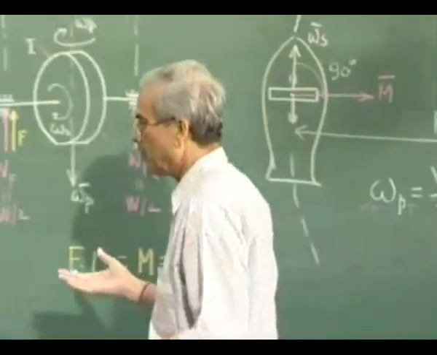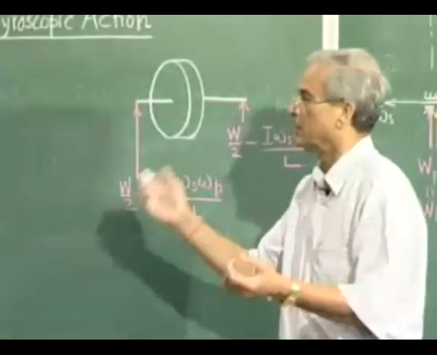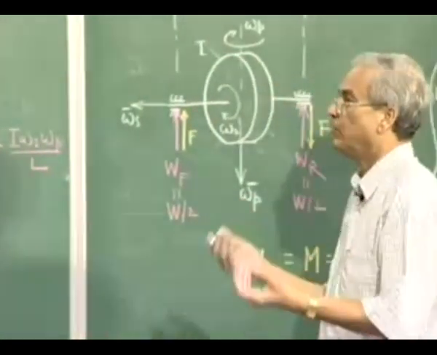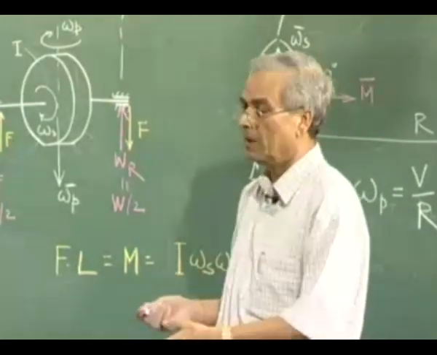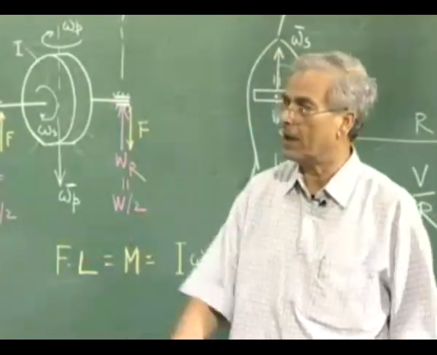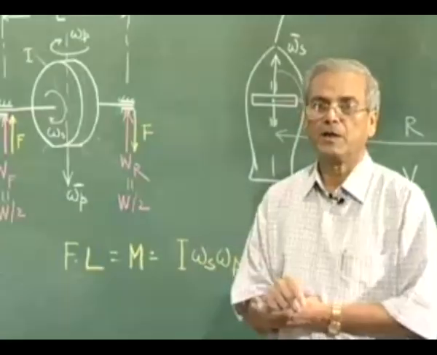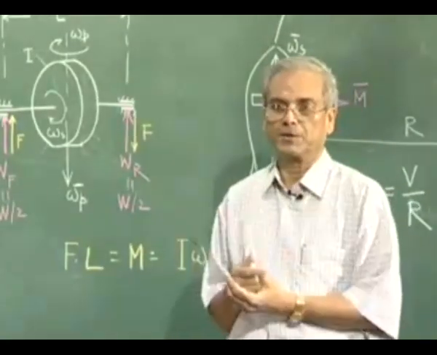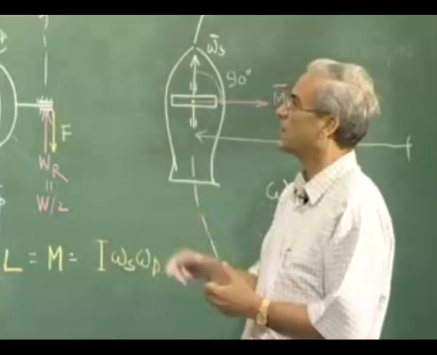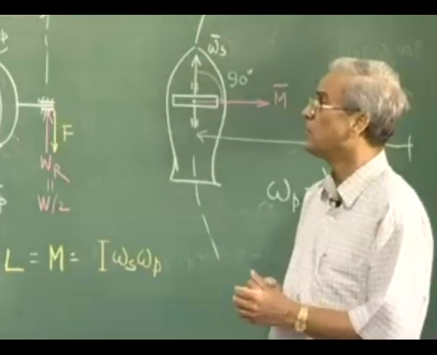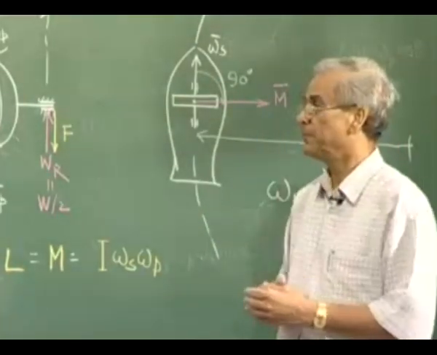There are many examples, like the flywheel of a car, which is quite heavy and rotating at a high speed. When the car is taking a turn, the gyroscopic action will change the bearing reactions, and that excess force which gets generated due to the gyroscopic action needs to be taken into account while designing the system.